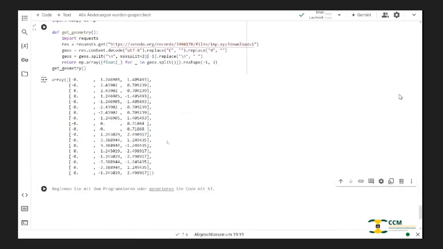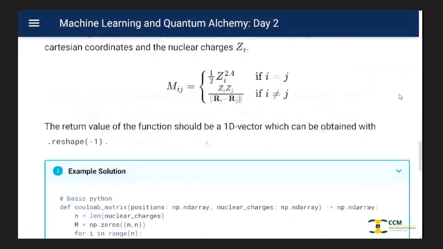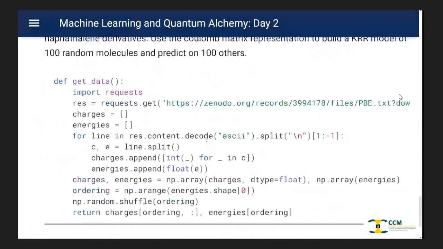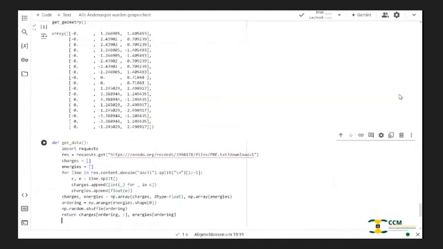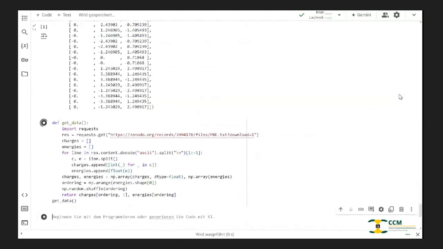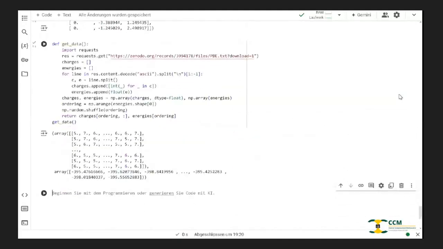So of our naphthalene, that's the x, y, and z coordinate of all the 18 atoms. And now we also need to take the function get data, so I can explain to you what you see there. So get data, you run this, returns two things.